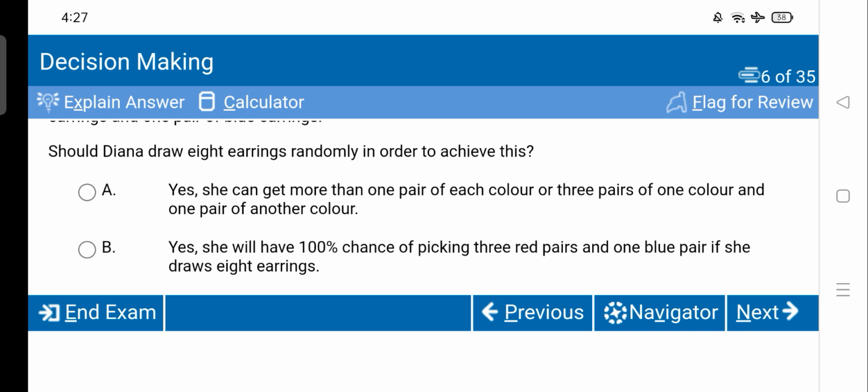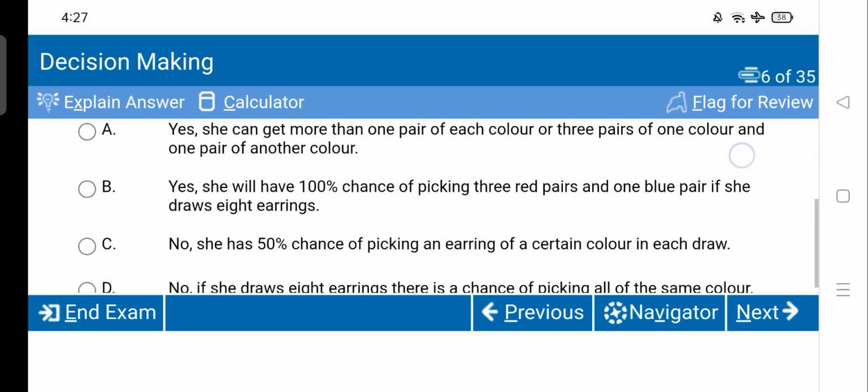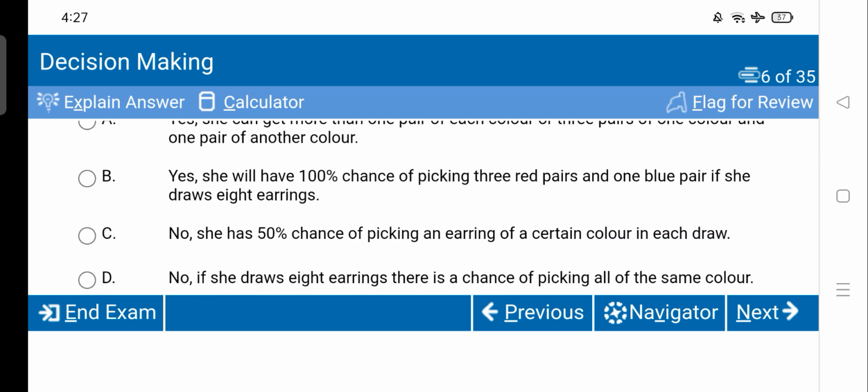Option A, yes. She can get more than one pair of each color or 3 pairs of one color and one pair of another color. Option B, yes. She will have 100% chance of picking 3 red pairs and 1 blue pair if she draws 8 earrings.